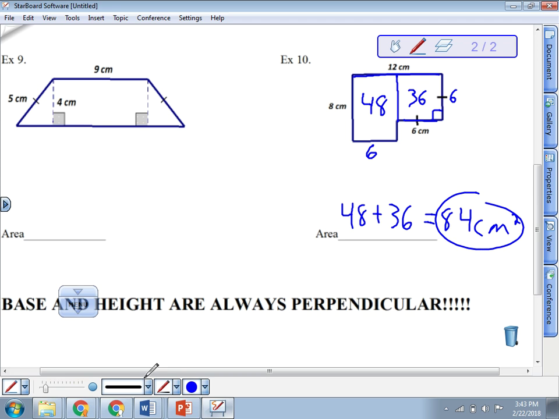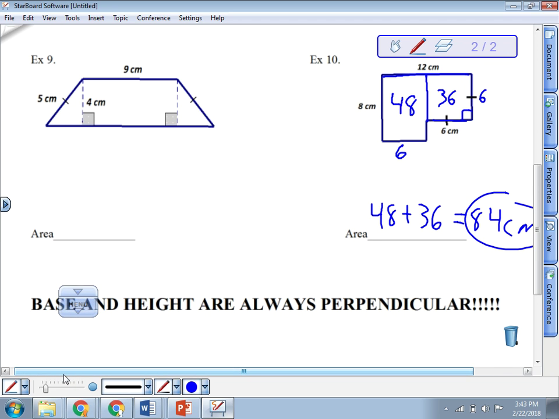Now with this trapezoid, a lot of these problems will have missing information. So you're going to need to use the Pythagorean theorem, SOHCAHTOA, whatever the case might be. In this example, we need this bottom base. We know this is 9 from here to here, so here to here is also 9. We need to find these bottom pieces right here. We know they're going to be the same, but to do that, we've got these right triangles where we know 2 of the 3 sides. So this one we'd use the Pythagorean theorem.